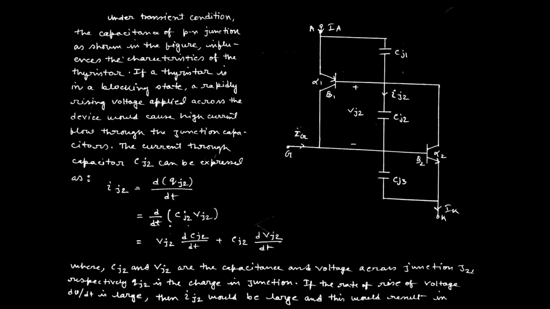If a thyristor is in blocking state and we rapidly try to raise the anode voltage of the device, then it would cause a high current to flow through the junction capacitor. Suppose this capacitor current is ICJ2, and the capacitance of the junction is CJ2.